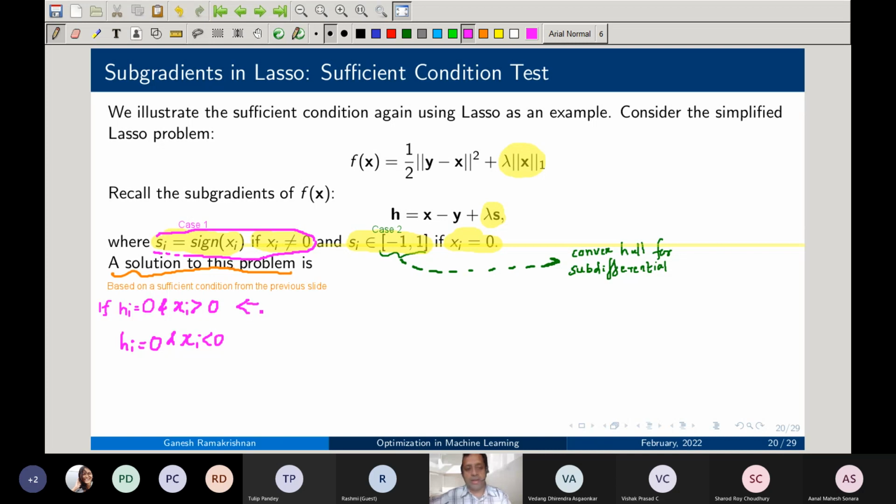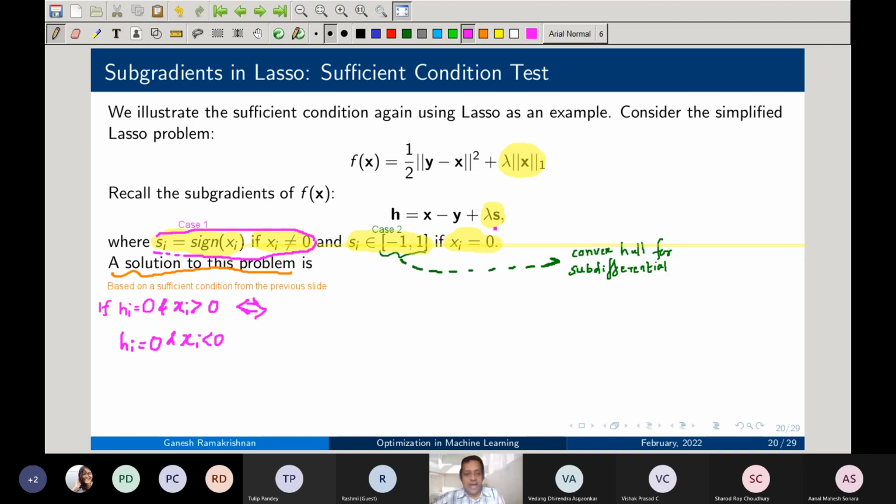So can I say that if hi is equal to 0 and xi is greater than 0, which means that si must be plus 1? The si as per case 1 is sine of xi, which must be plus 1. So this is the same as saying hi, which is xi minus yi, and I'm talking about the ith index, plus lambda si.